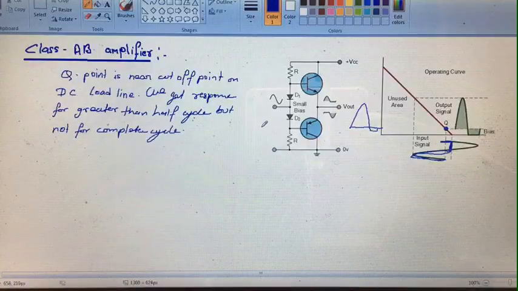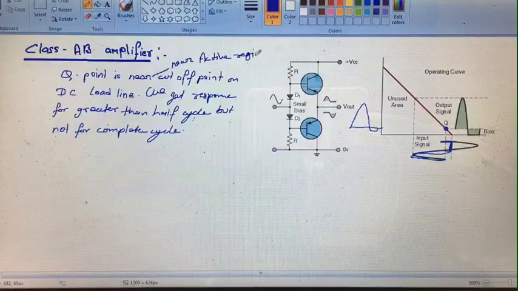The quiescent point is near the cutoff point. We will say that this lies near the active region. This will lie at active region.